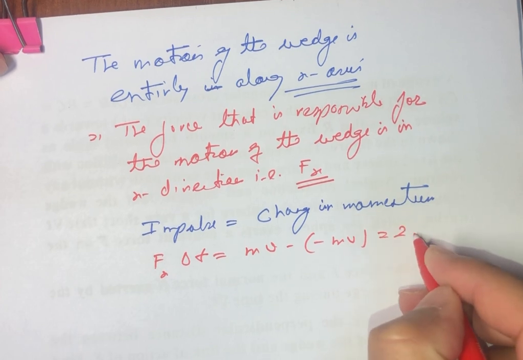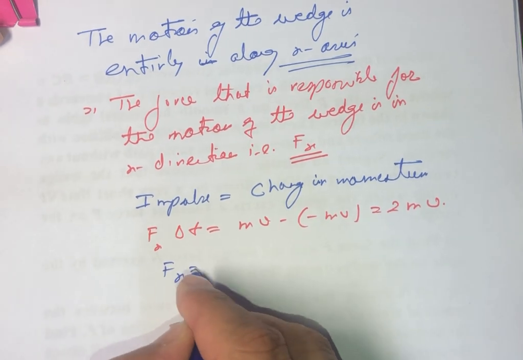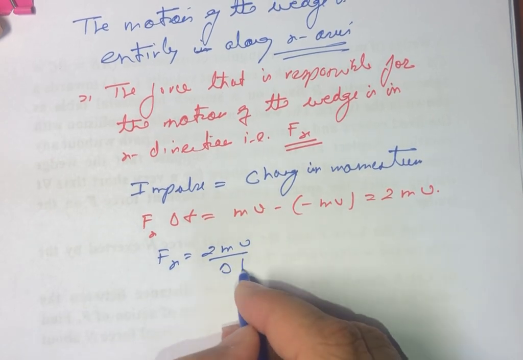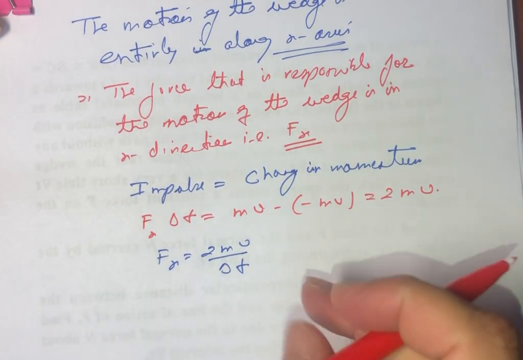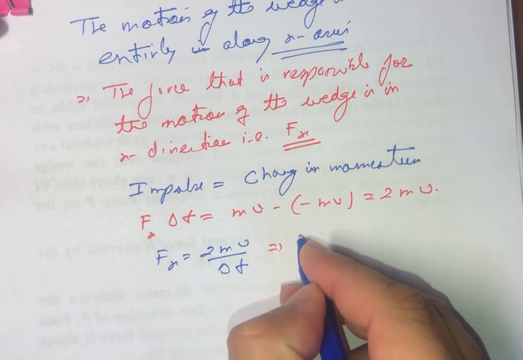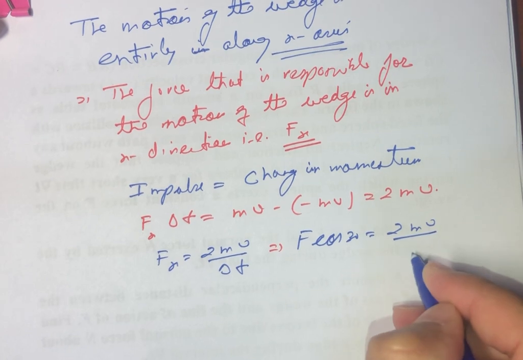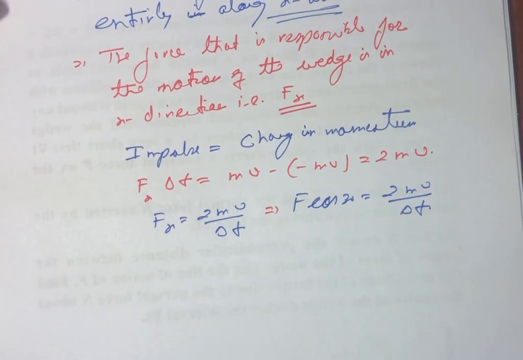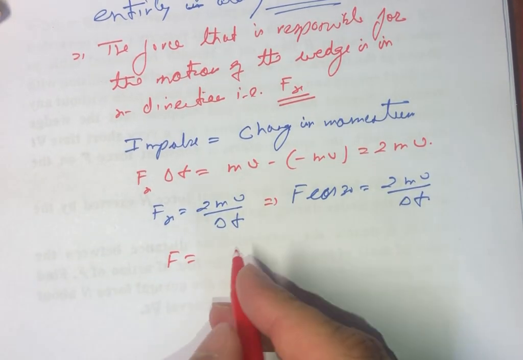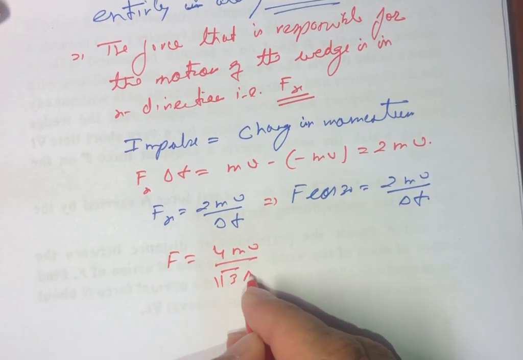This comes as twice mv, or we can say F x is equal to 2mv divided by delta t. But we already know F x is F cos 30. We substitute it here, F cos 30 is equal to 2mv over delta t. We substitute the value of cos 30, or we can say F is equal to 4mv divided by square root of 3 delta t.